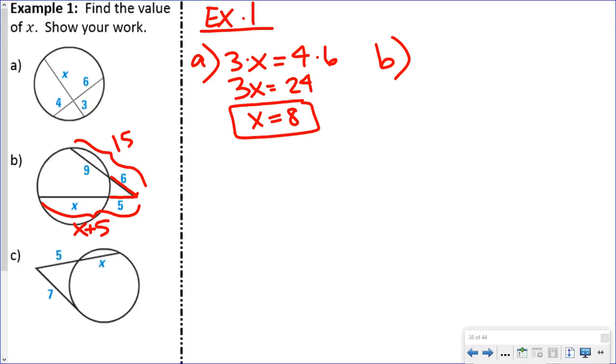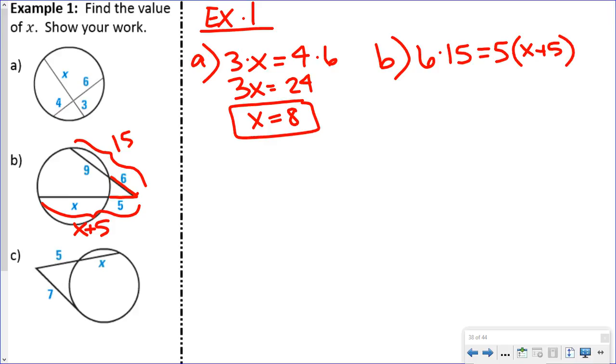X plus 5. You're not multiplying. It's not 5 times x or 5x. It's x plus 5. That's how we got the 15 on the other side. So we do outside piece 6 times the whole secant 15 equals the outside piece 5 times the whole secant, which is x plus 5.